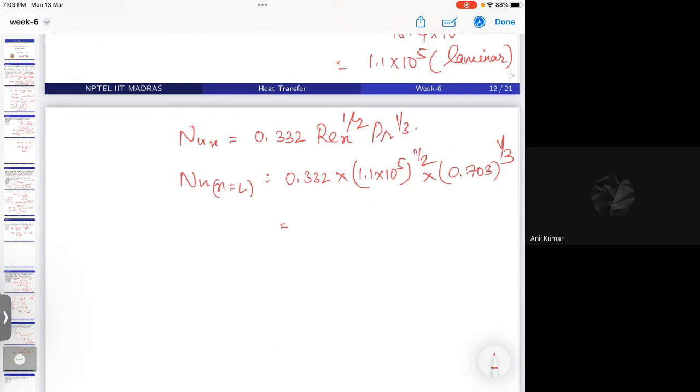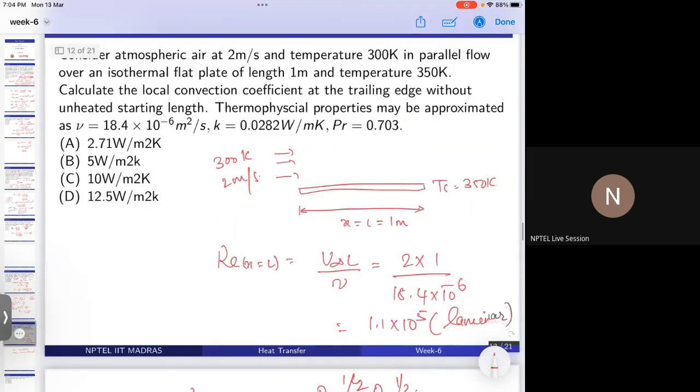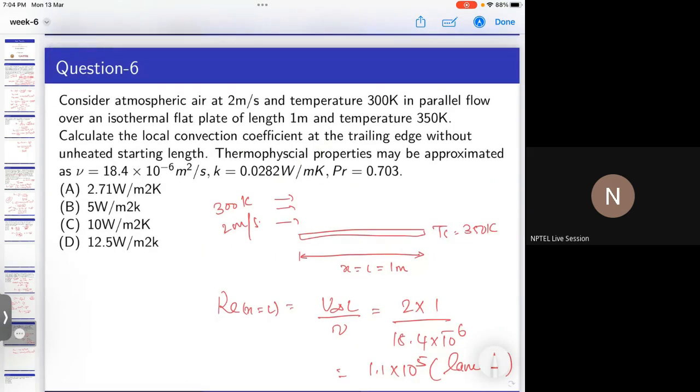Sir, won't this equation be 0.664? 0.664 is for average Nusselt number. Right? I am taking local, because in the question it is asked the local convection coefficient at the trailing edge.